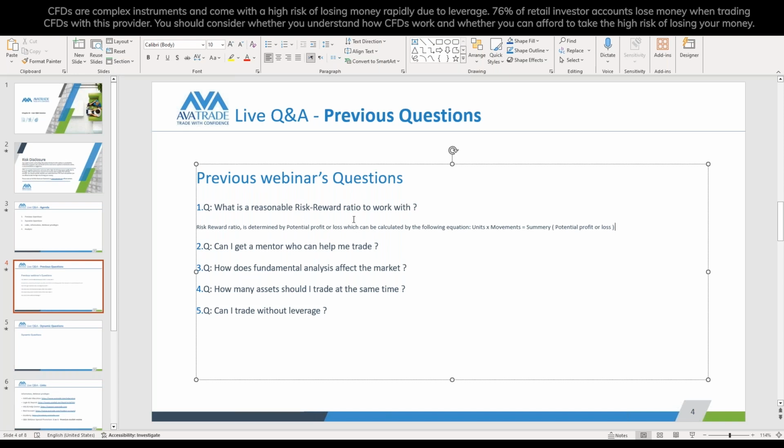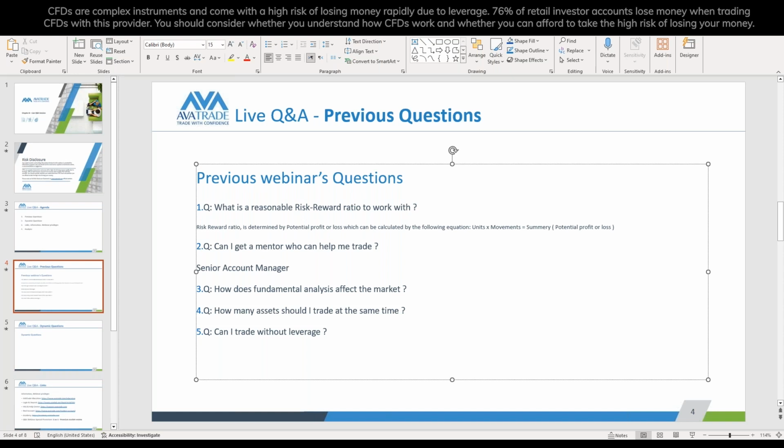Can I get a mentor? Guys, this has become very frequent. So we do have a mentor. It's not really a mentor, it's an individual called a senior account manager. And the senior account managers that we hire are also traders for themselves. So they have the ability to simply assist you with your trading.